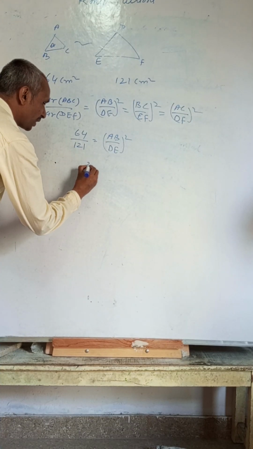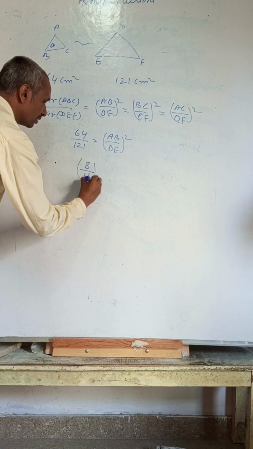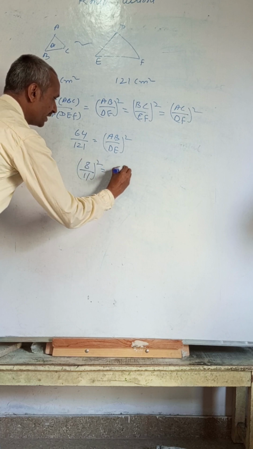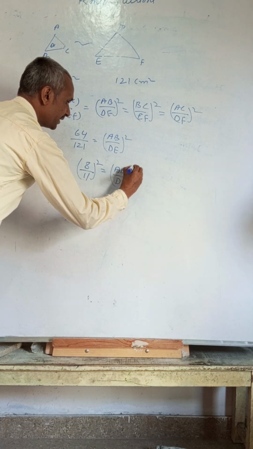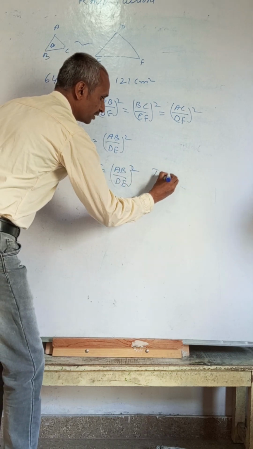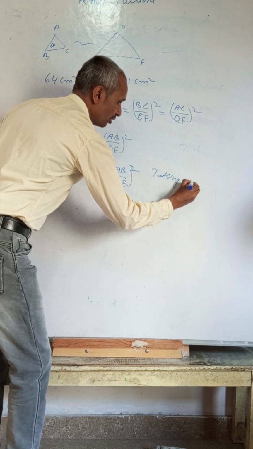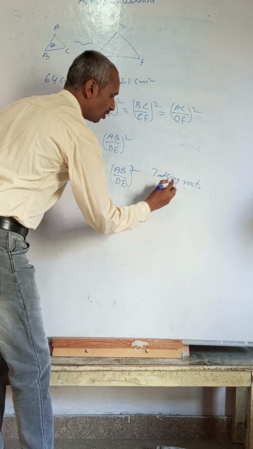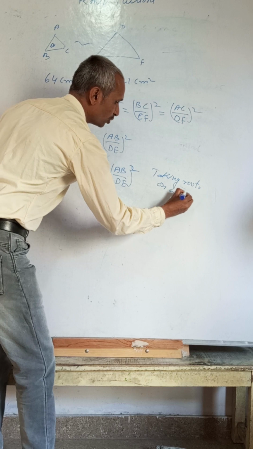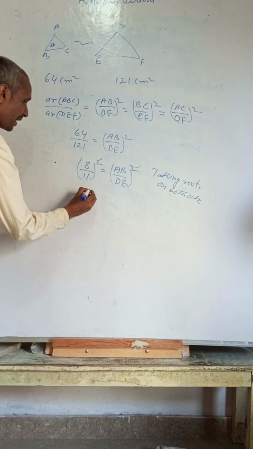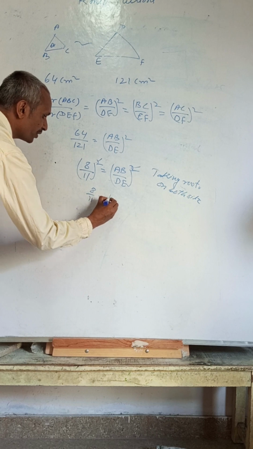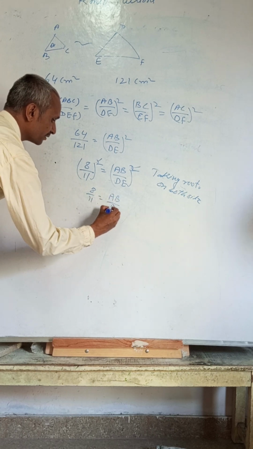So this side becomes 8 by 11 squared, equal to AB by DE whole squared. Taking the square root on both sides, the square is cancelled. What remains? 8 by 11 is equal to AB by DE.